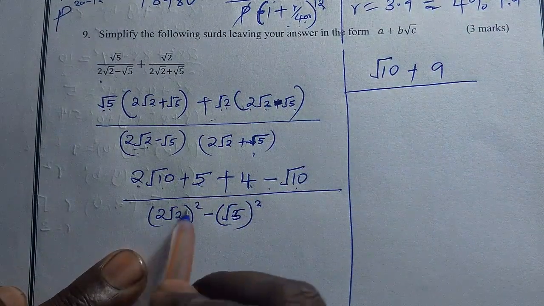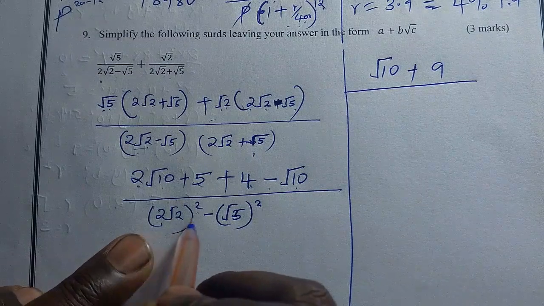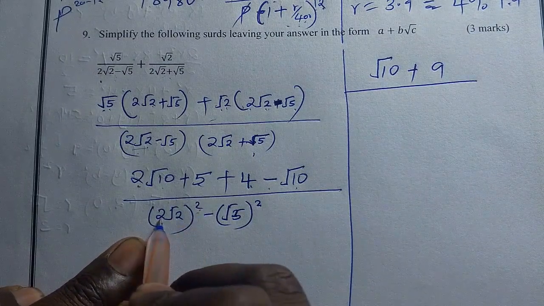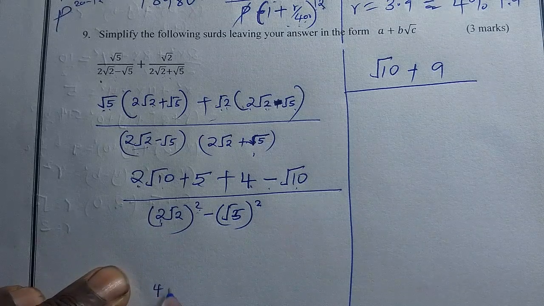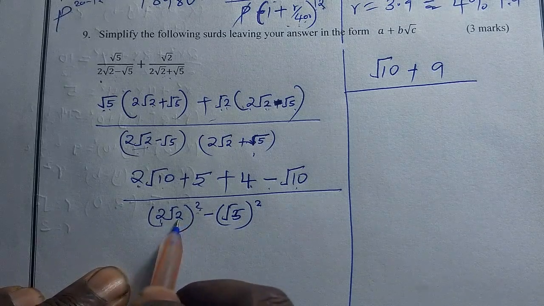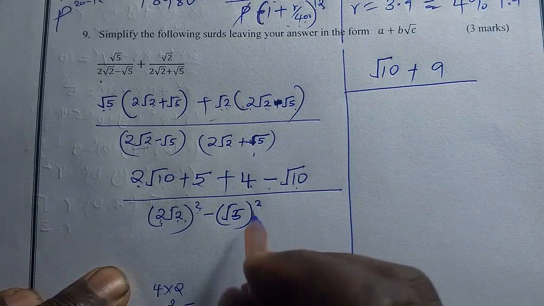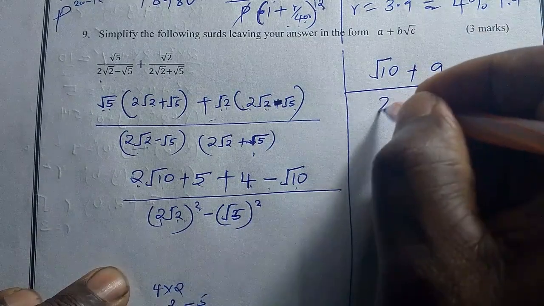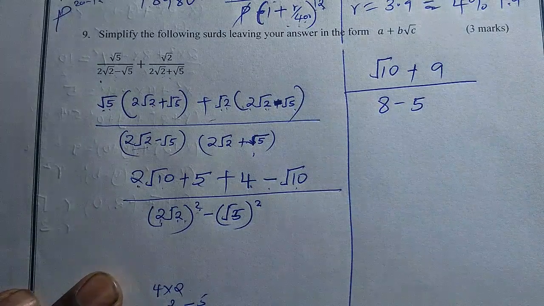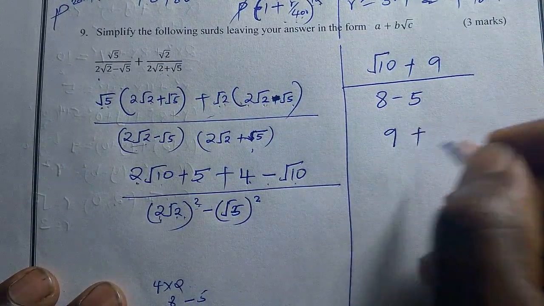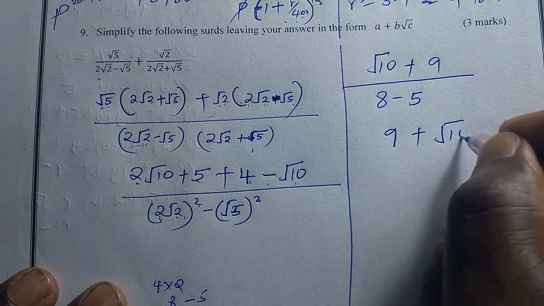So this one, the denominator, you square everything. 2 square, that is 4, times 4 times 2, that is 8, minus 5. This is 8 minus 5. So we can rearrange this one, that is 9 plus root 10 over 3.